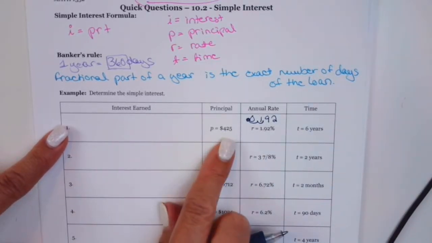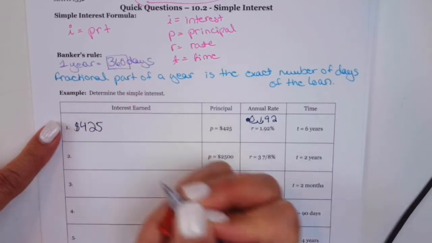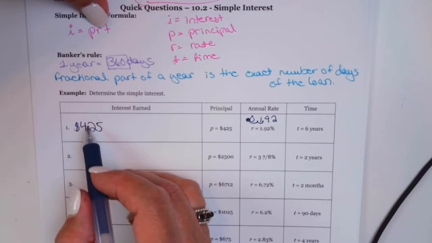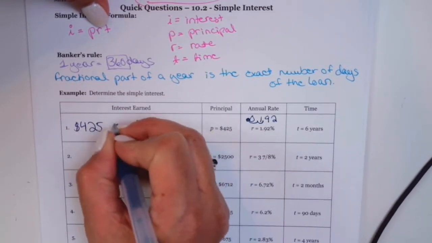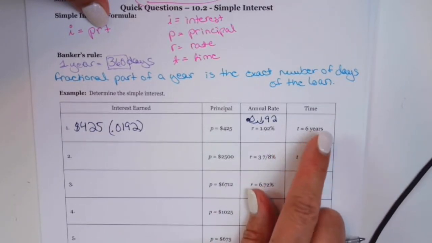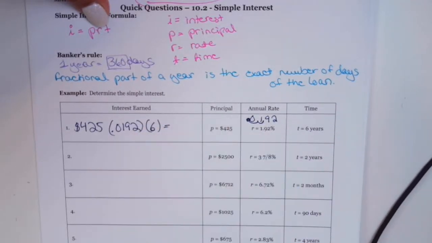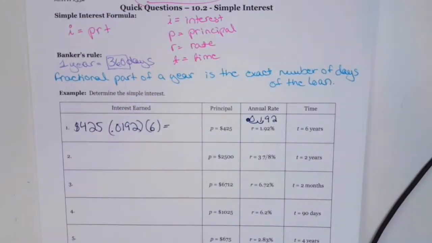Okay, so let's go ahead and calculate the interest earned. So we have our principal, $425. We're going to multiply that by the rate, which is 0.0192. And then we're going to multiply that by the time, which here is in years, which is 6. And now, of course, this is not something you're going to be doing in your head.